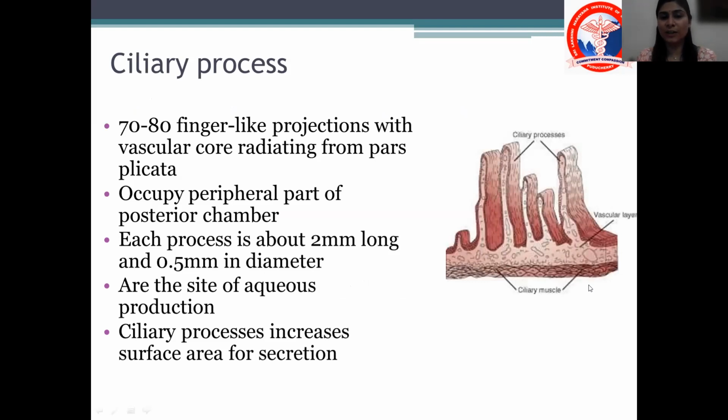They occupy the peripheral part of the posterior chamber, and each process is about 2 millimeter long and 0.5 millimeter in diameter. These are the site of aqueous production. The ciliary processes increase the surface area for secretion.